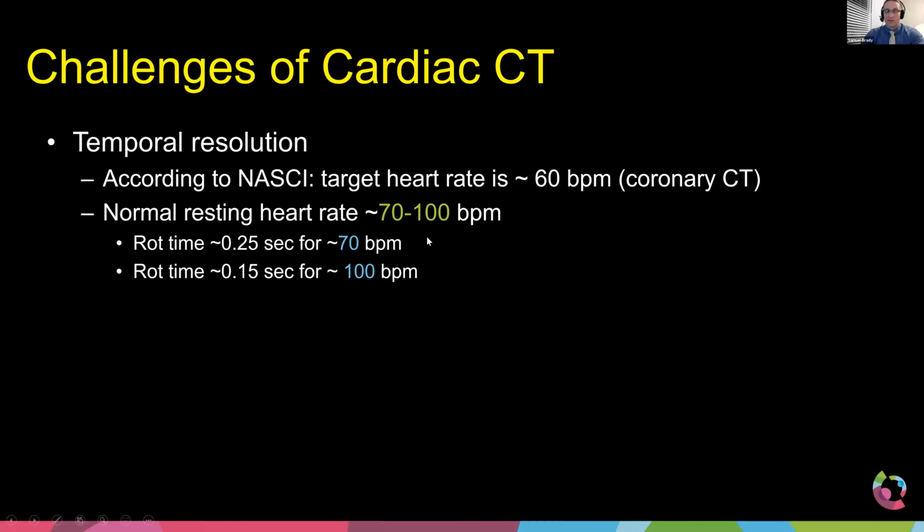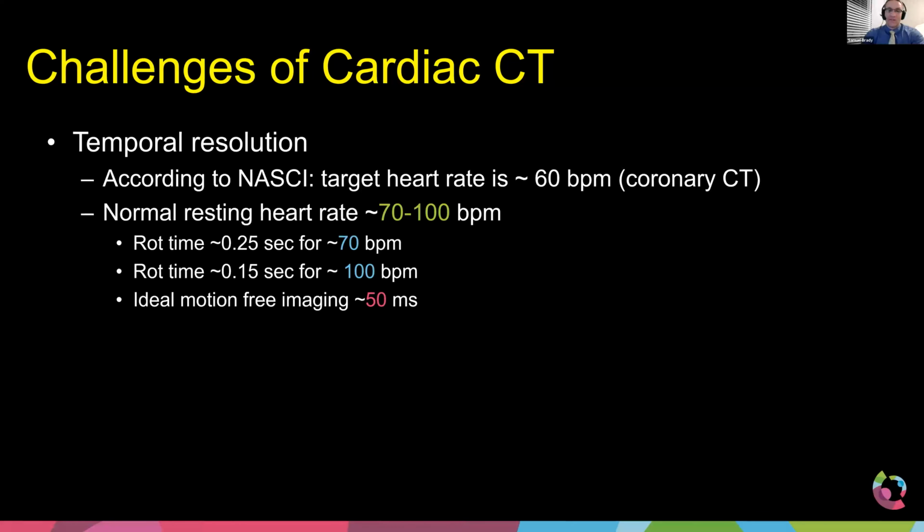Now, if you want to image a patient whose heart is racing at 100 beats per minute, your rotation time would actually have to be about 0.15 seconds. And there is not a CT scanner on the market that can do that.